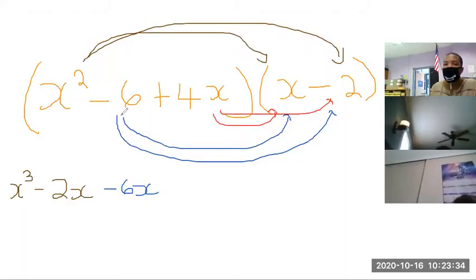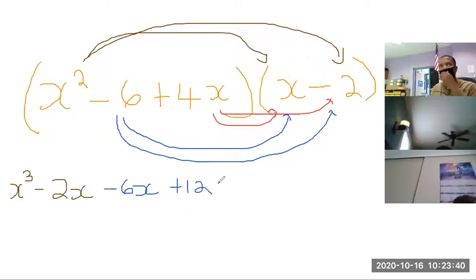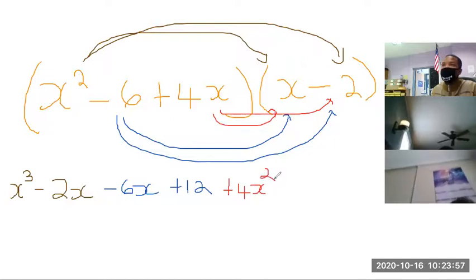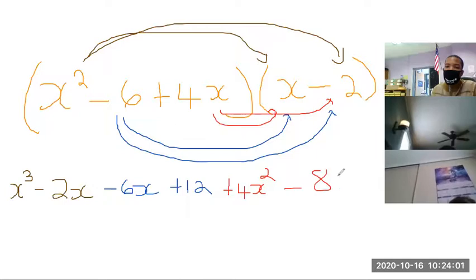Minus 6 times negative 2 is positive 12. And then now I'm going to go to the 4x. 4x times x is positive 4x squared. And then 4x times minus 2 is negative 8x.